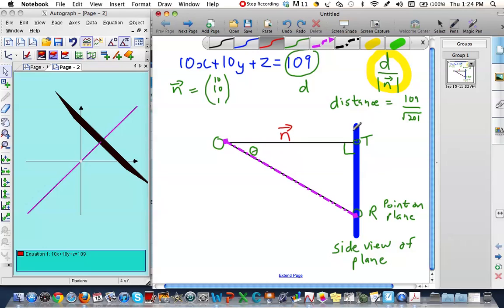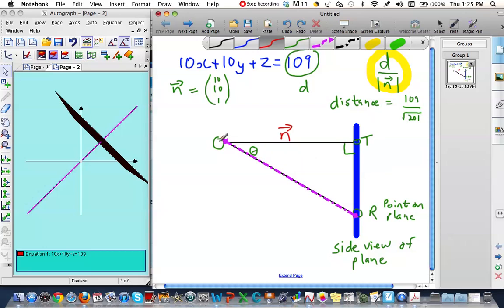If this is our plane, then the normal, of course, intersects the plane at 90 degrees, and in evaluating distances between points and planes, and the origin, of course, is a point, by definition we always use the shortest distance, which occurs at 90 degrees.